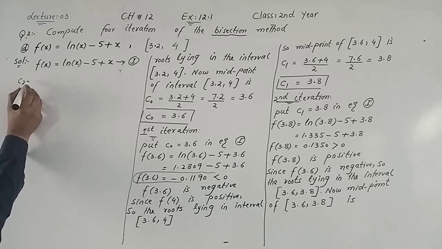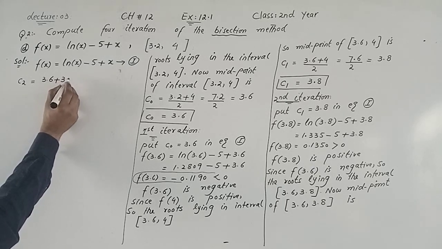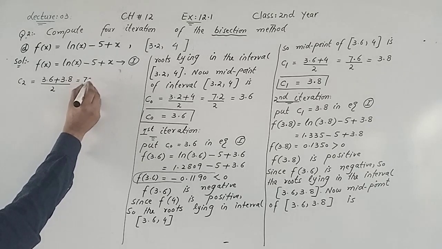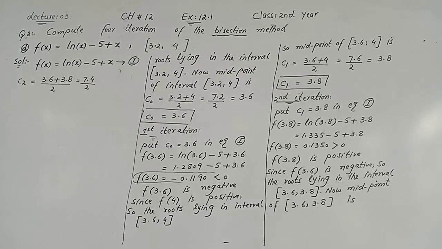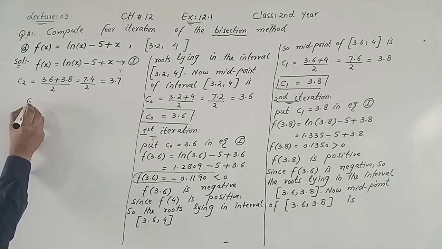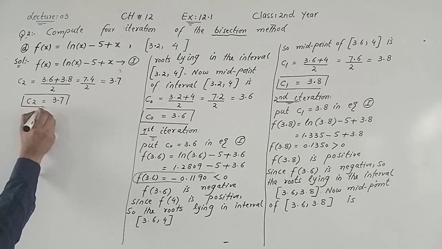So C2 is equal to 3.6 plus 3.8 divided by 2, which is equal to 7.4 divided by 2, so we get 3.7. C2 is equal to 3.7.